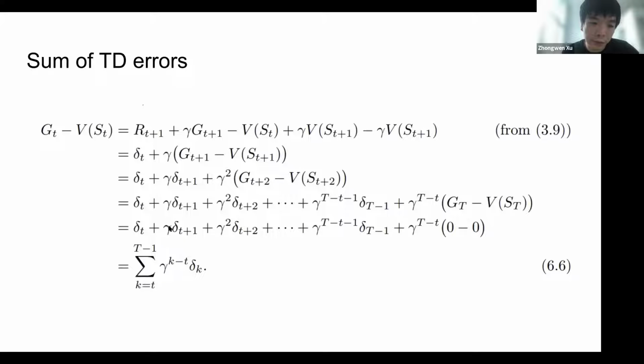The other is the discount factor, whose power keeps increasing from 0 to 1, then 2, up to T minus t minus 1. This is a very useful form, and we will see it in many reinforcement learning papers if you continue to study the field. It tells us that the difference between the return and the predicted value is a sum of the discounted TD errors.